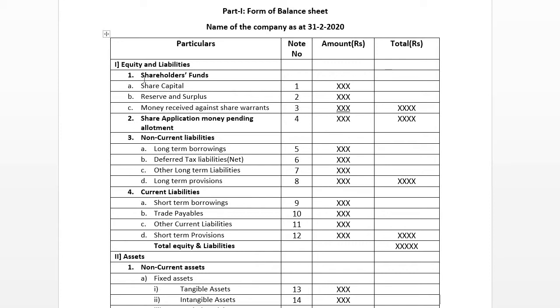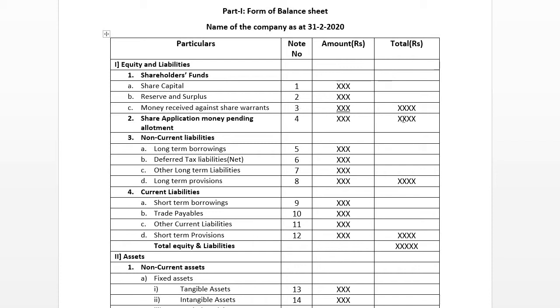For example, first here on the liability part we have shareholders' funds. These all are outsiders' funds which we have collected, right? In that it has been categorized according to the Companies Act. First one, share capital, reserves and surplus, then money received against share warrants. 1, 2, 3.